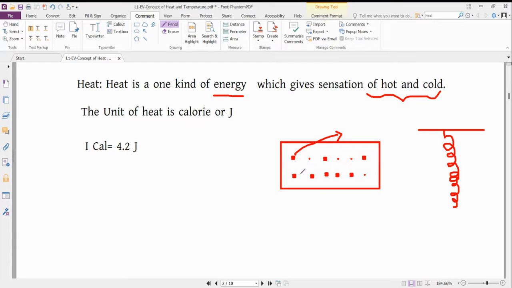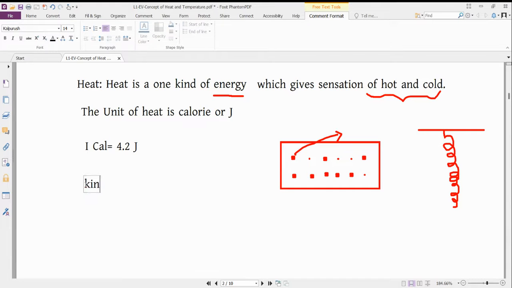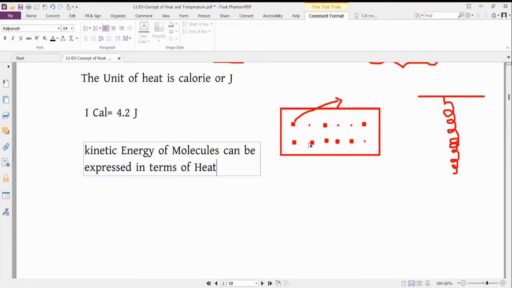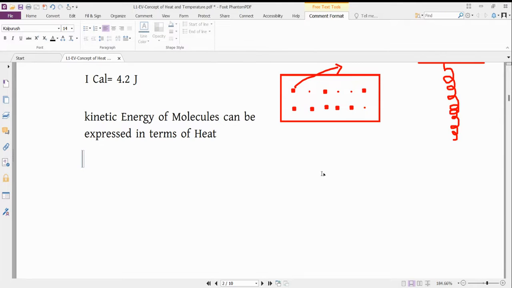And this vibration has kinetic energy. The kinetic energy of molecules can be expressed in terms of heat. As we can't see the vibration of these molecules with the naked eye, we feel hot or cold when we touch this body.